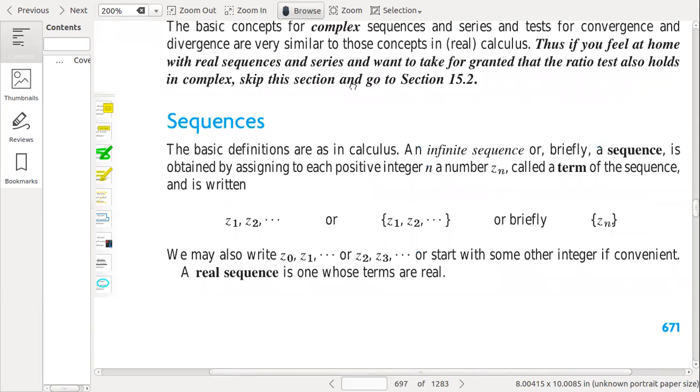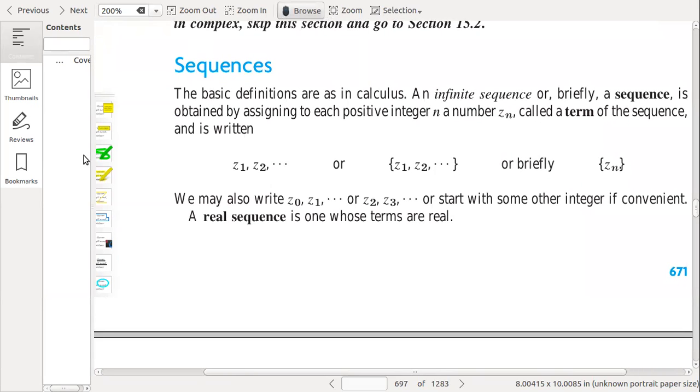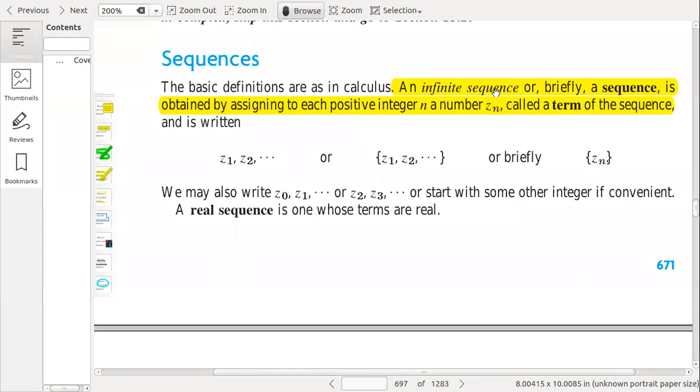So actually we are dealing with the complex sequence. The basic definition of the sequence is this: an infinite sequence, or briefly a sequence, is obtained by assigning to each positive integer n a number Zn called a term of the sequence.